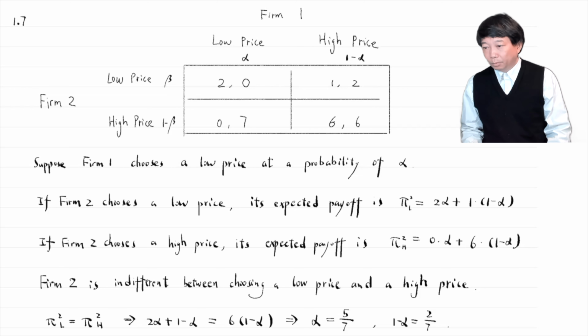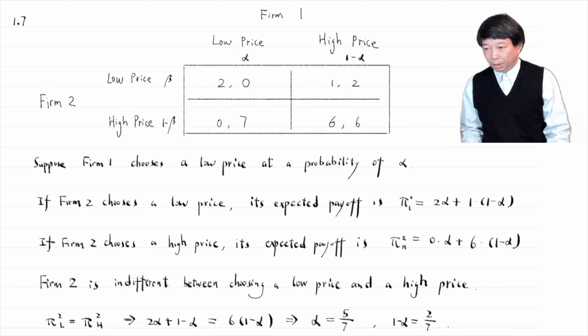Knowing that firm 1 will choose a high price, firm 2 will switch to the high price. The players always have an incentive to deviate, and it could not lead to an equilibrium. Only when the firms are indifferent between their two strategies can the game have a Nash equilibrium.